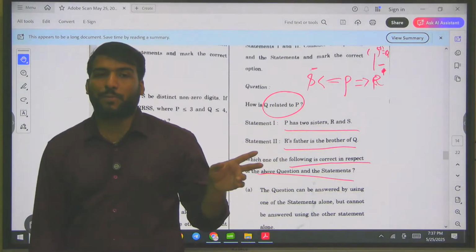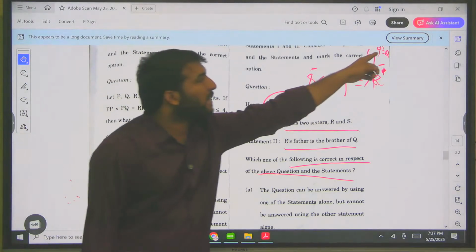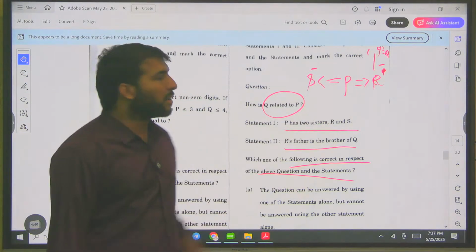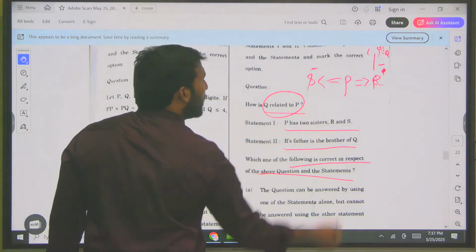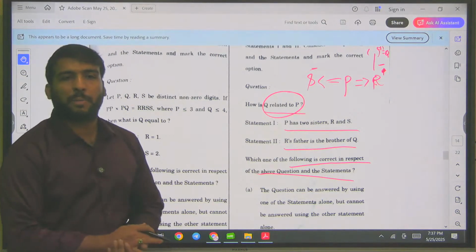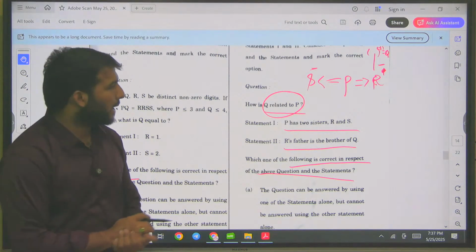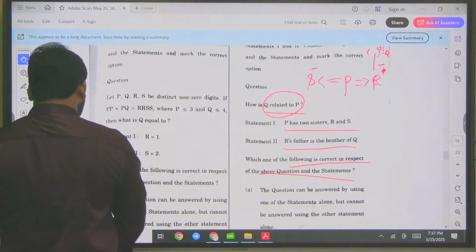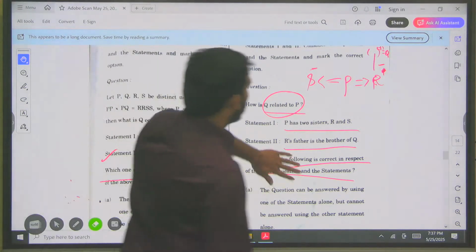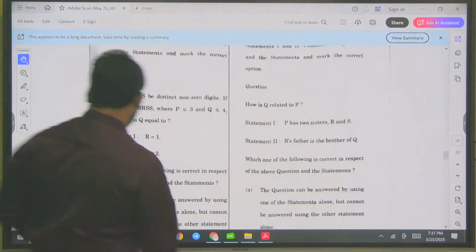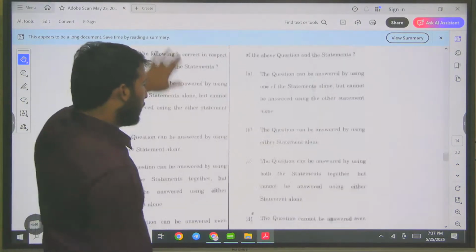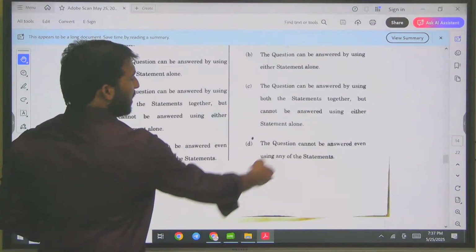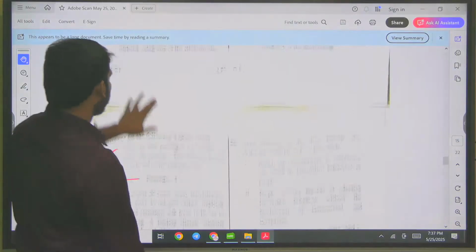R's father is brother of Q, but we are not able to get the gender of Q. For that reason, without knowing the gender, how can I determine the relation between the 2 persons? I cannot determine. For that, we can say our option is that the question cannot be answered using any of the statements.